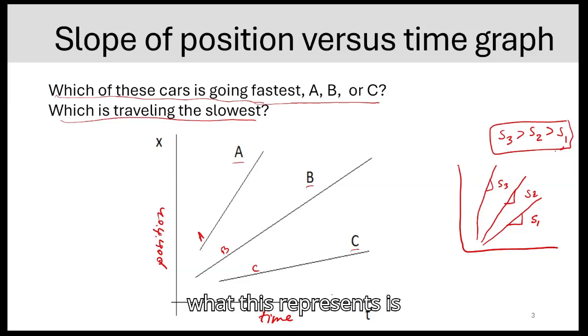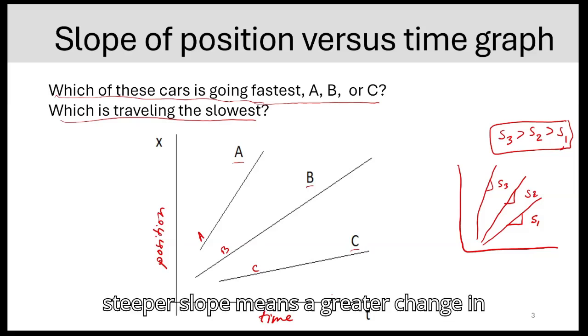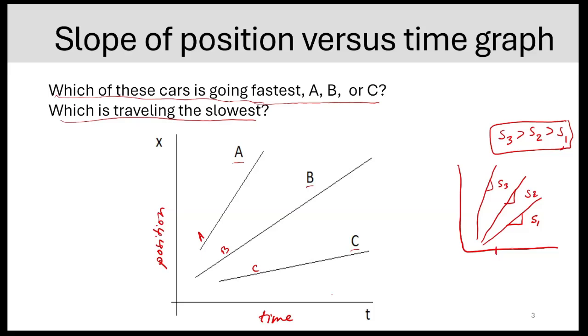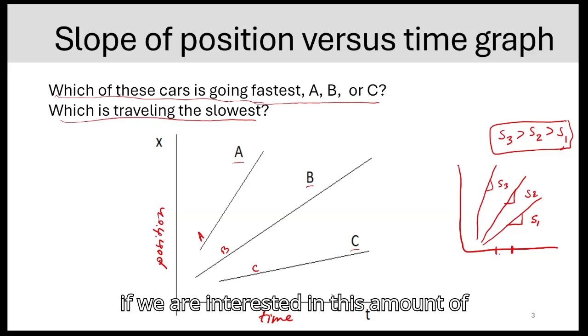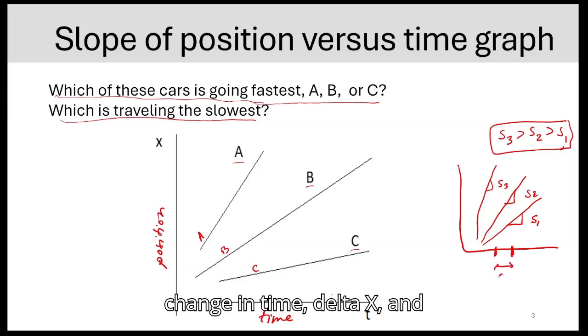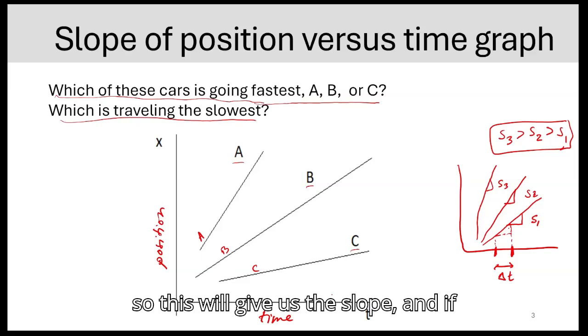What this represents is that a steeper slope means a greater change in position over the same amount of time. For example, if we are interested in this amount of change in time, we can draw that in this portion here, and this will give us the slope.